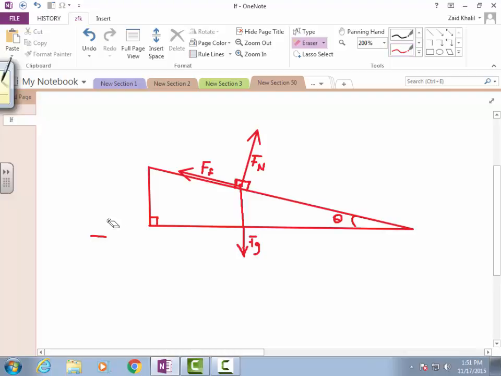But if we change our coordinate system to one which is parallel and perpendicular to the plane, then which vector do we have to break up? Fg. Only one vector.